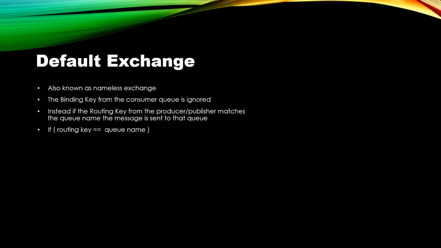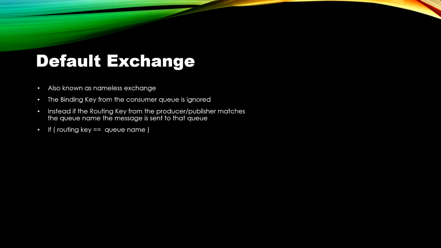And the default exchange. The default exchange is also known as the nameless exchange, and we'll see why. That's because the binding key from the consumer queue is ignored. Instead, the routing key from the producer and publisher matches the queue name that the consumer has, and the message is sent to that queue.